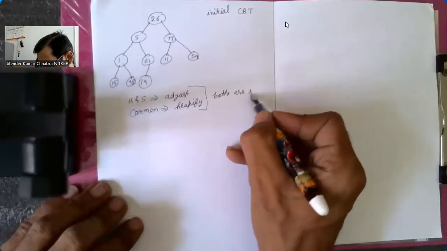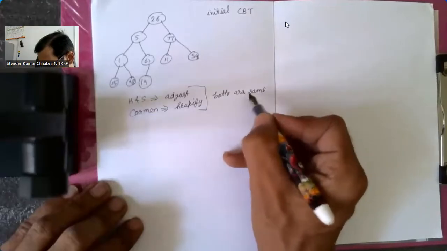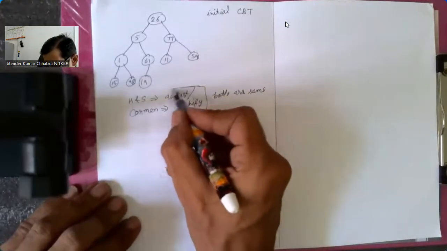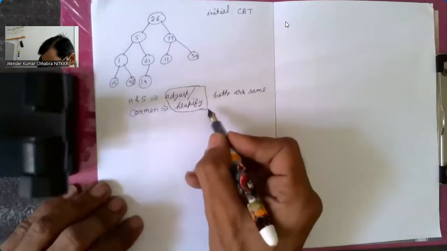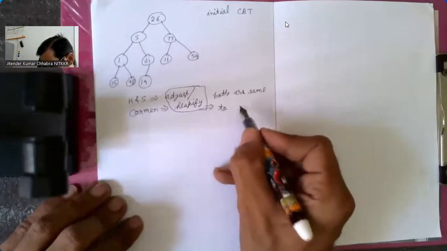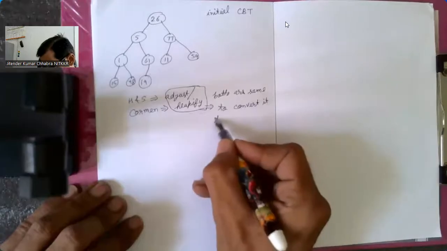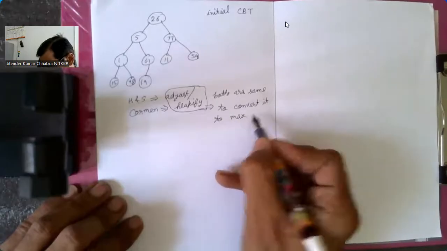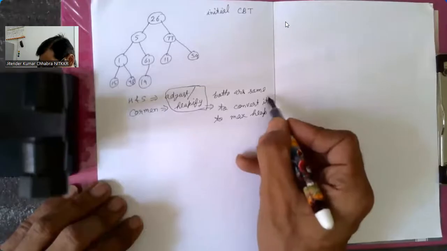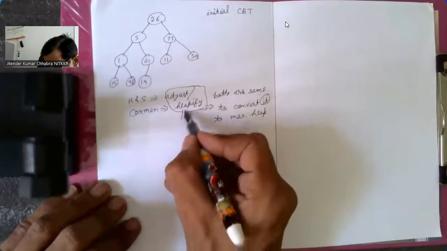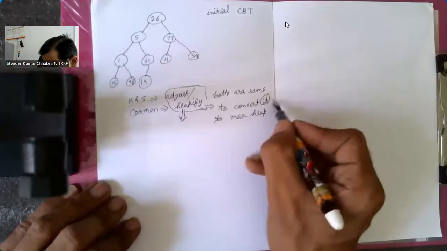You can use any function name or any variable name. So we will use adjust or heapify to convert it to a max heap. It will work for a particular node number.